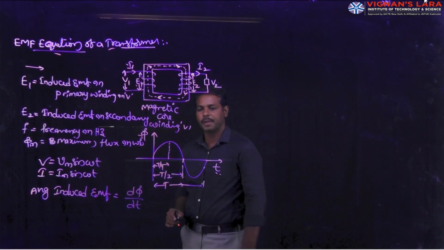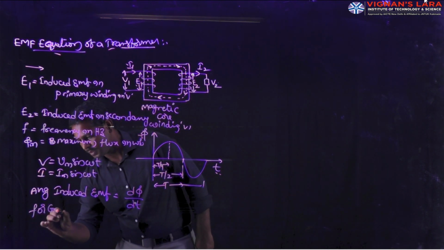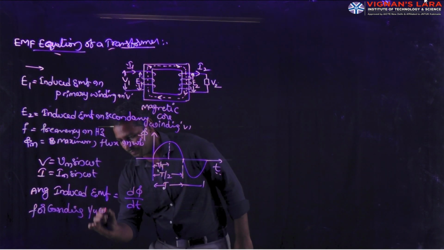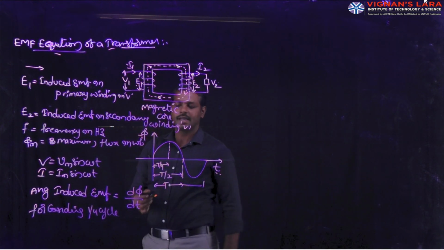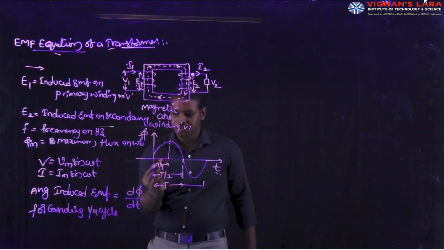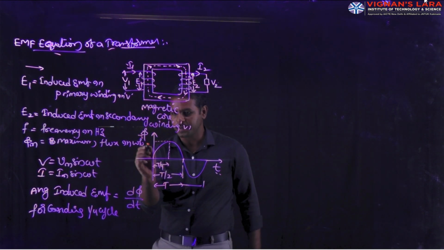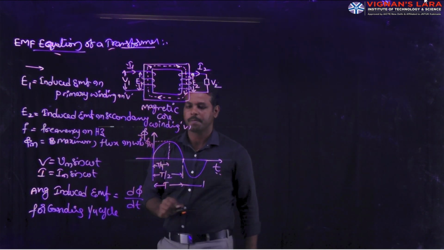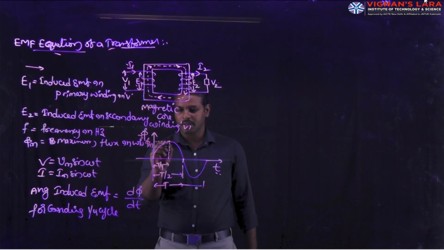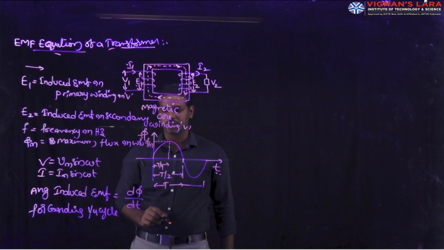For easy understanding of the concept of a transformer, we consider a 1/4 cycle. In 1/4 cycle, the maximum amount of flux generated by the primary winding, denoted by phi m, is reached in time t by 4.